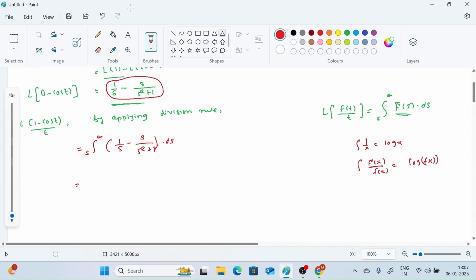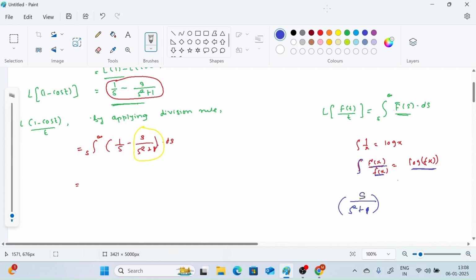Before proceeding ahead, let me explain one term here. The term is s upon s square plus 1. Now, if we are going to use this formula, it states that the integration of f dash of x upon f of x is equal to log f of x.